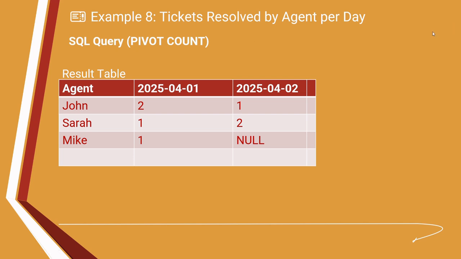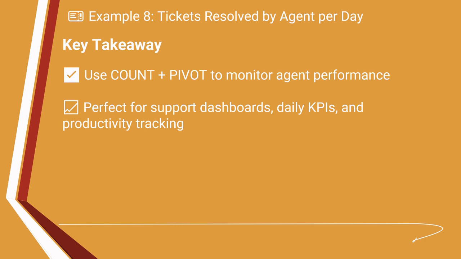For instance, John resolved 2 tickets on April 1st and 1 on April 2nd. This technique is ideal for tracking daily performance in customer support systems and visualizing it in dashboards.